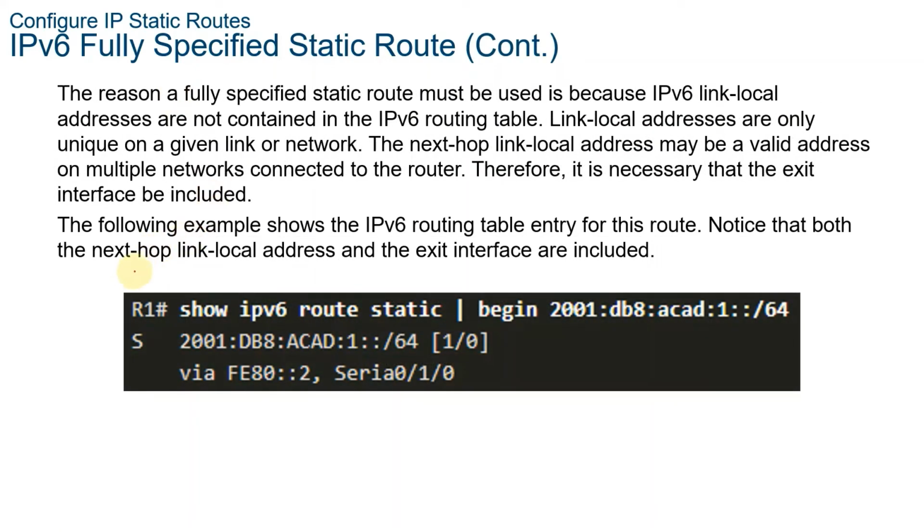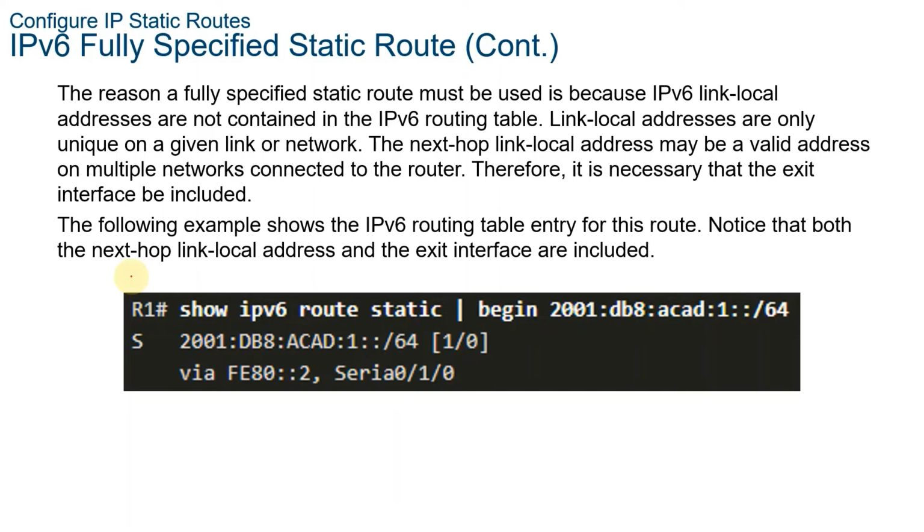The reason a fully specified static route must be used is because IPv6 link local addresses are not contained in the IPv6 routing table. Link local addresses are only unique on a given link or network, so the next hop link local address may be a valid address on multiple networks connected to the router.